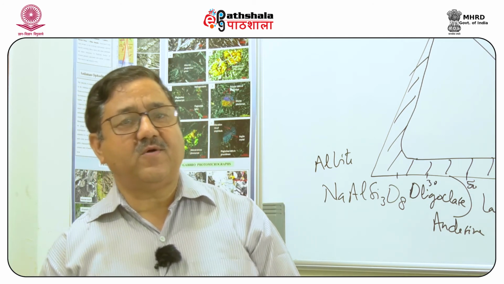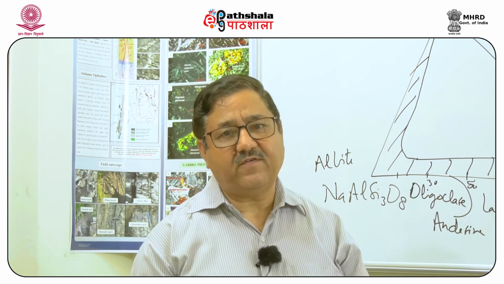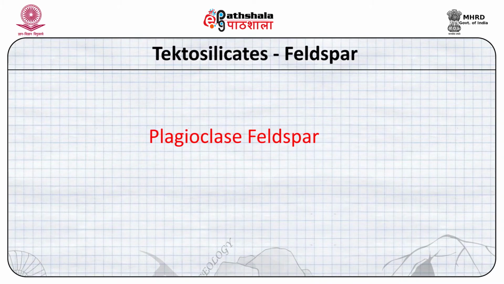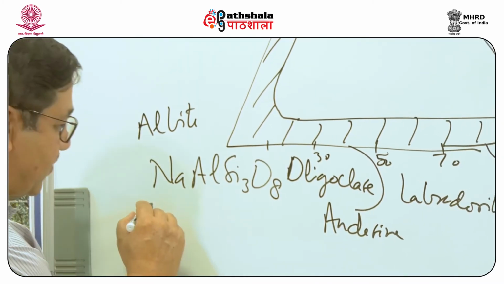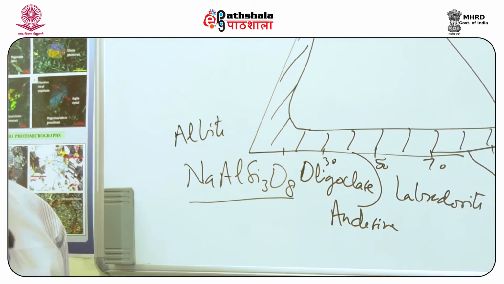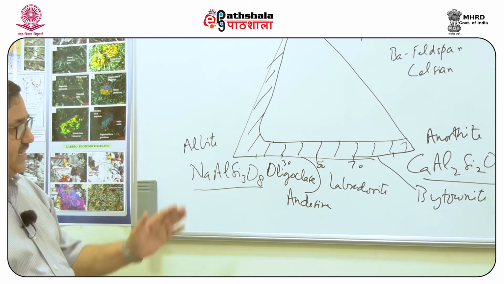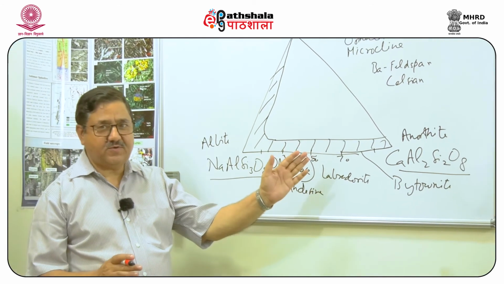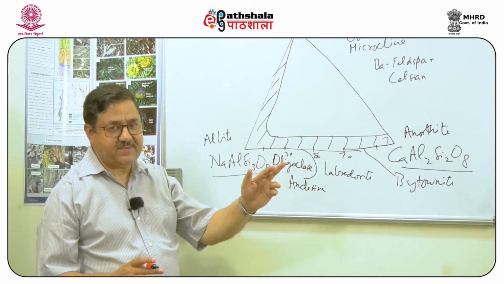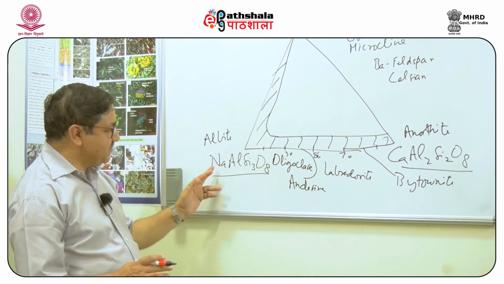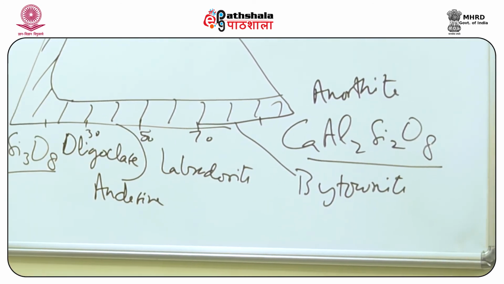Now, we will talk about the plagioclase feldspar, which is represented by the lower end of this diagram. As we see, if you look at the formula of albite and the formula of anorthite, we see that for a solid solution between the two, the substitution is not very simple. That is, there is no simple replacement of sodium by calcium or calcium by sodium.